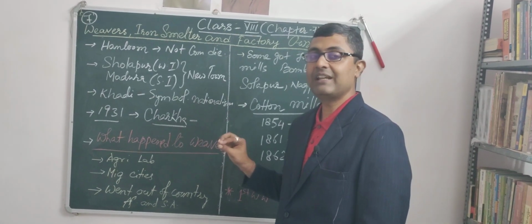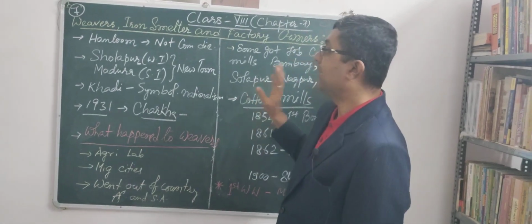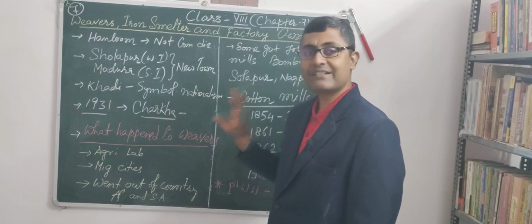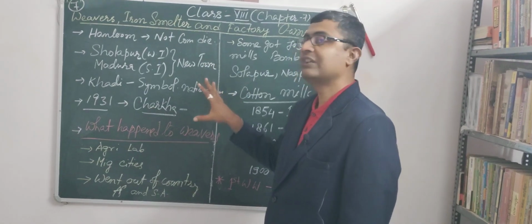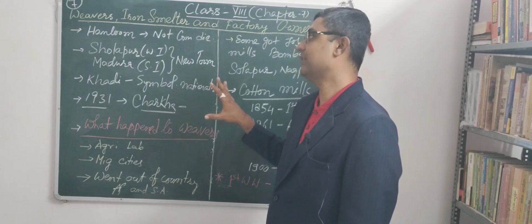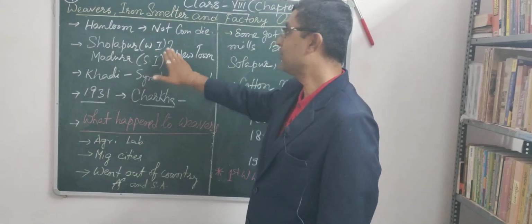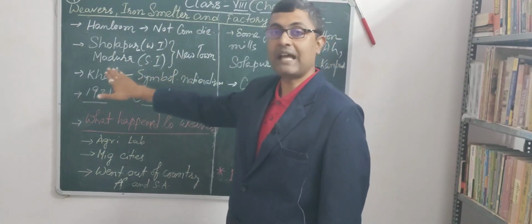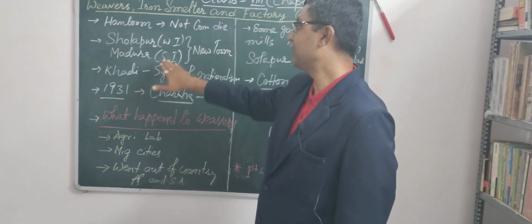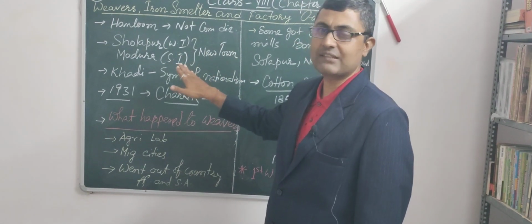They can only be made by handloom. Due to this industrialization, some new towns developed on the Indian map. For example, Solapur developed in Western India, and another is Madurai in Southern India. These new towns came into prominence.